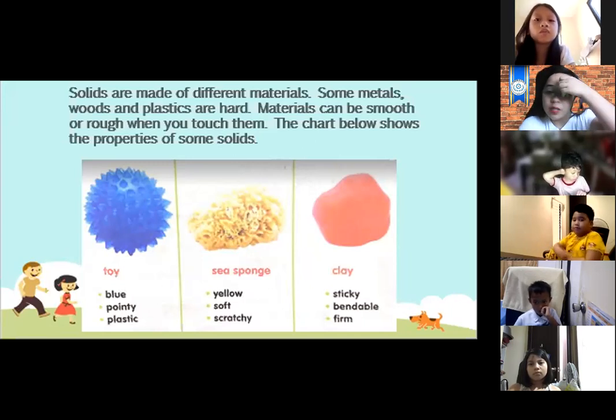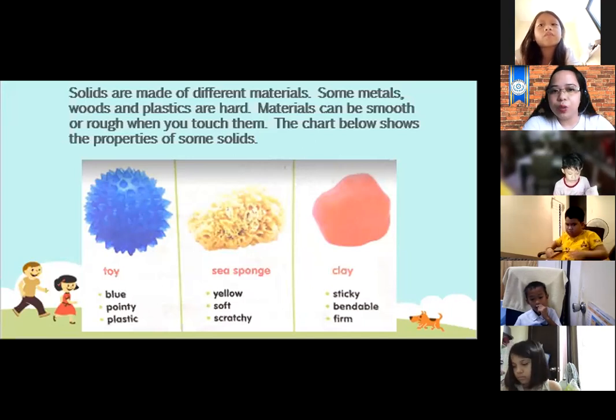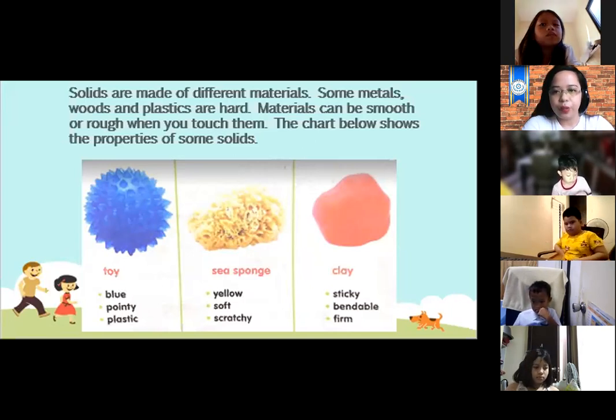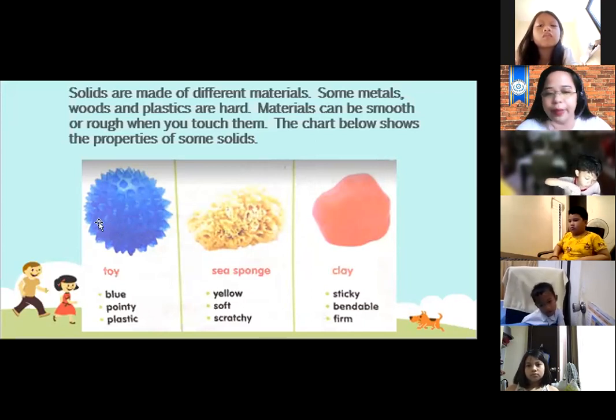Okay, all right. So some solids are made of different materials. So some are actually made of metal, wood, plastic, and hard objects. Okay, so materials can be smooth or rough when you touch them. That's actually the texture. And here, take a look at the chart. So you have here another example. You have a toy. A toy sometimes can be smooth, like a ball, right?